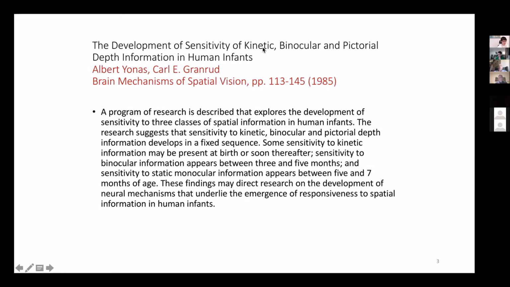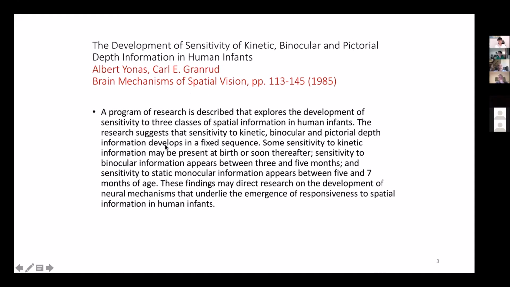And 3 cues are considered: kinetic, which is what in our community we would call structure from motion or optical flow; binocular, which is basically from your 2 eyes in stereopsis; and pictorial, meaning the cues which are available even in a single image. So we can see depth even in a single image, and that refers to pictorial cues.